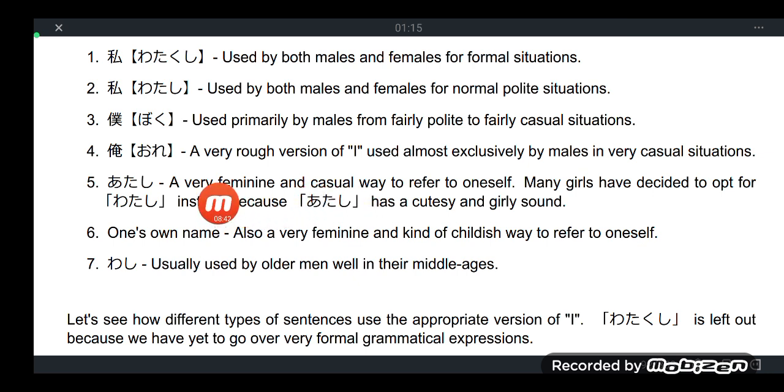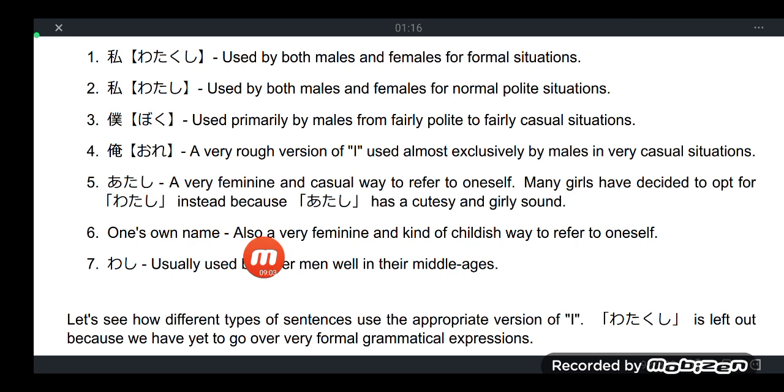Please, if you want to be very strictly formal, please don't use atashi, and it's only applicable for women. Or you can say your own name. You could refer to your own name.